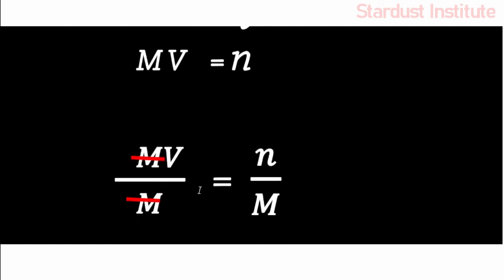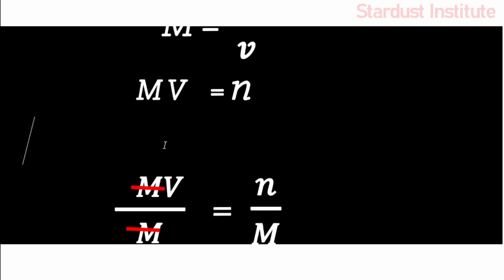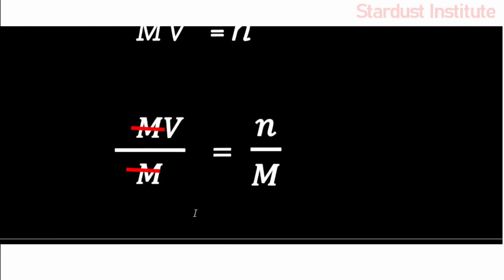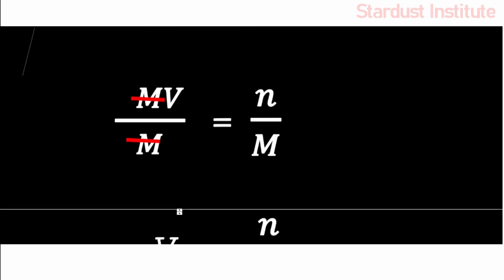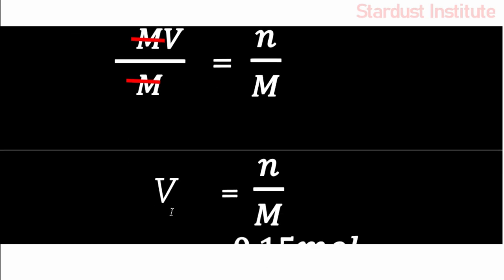M times V divided by M equals n divided by M. On the left-hand side we can cancel out M. Now we have only V left on the left-hand side: V, volume, equals n divided by M.